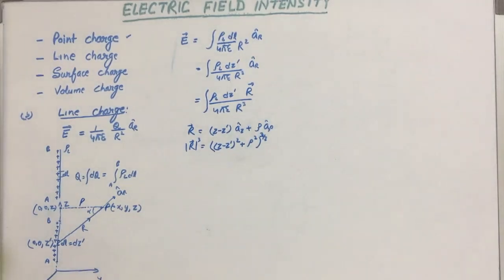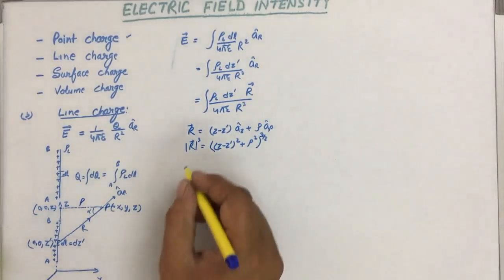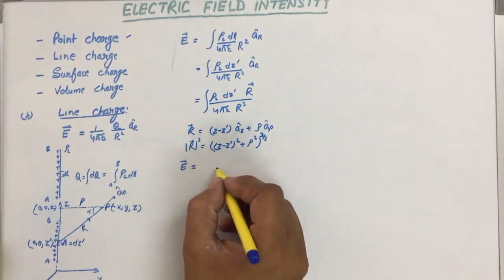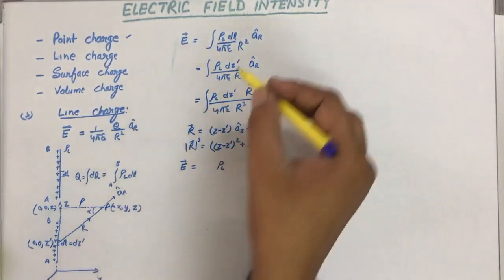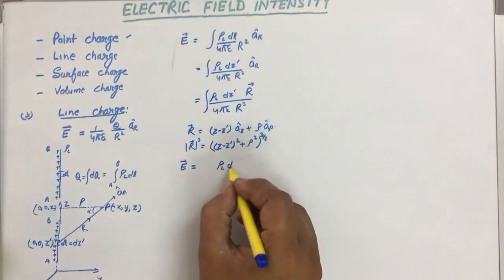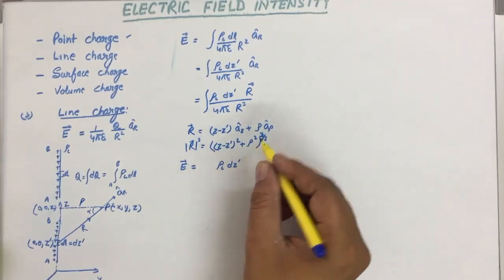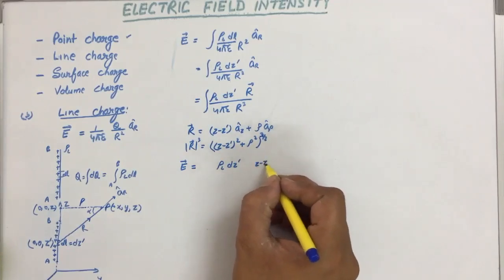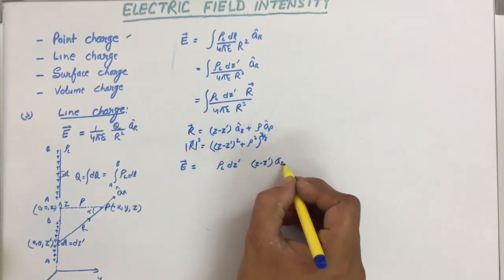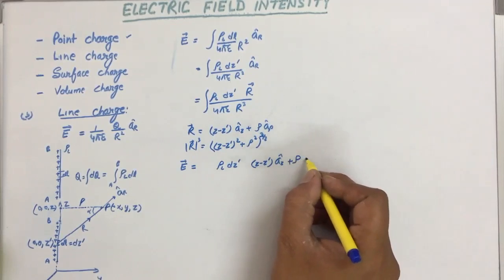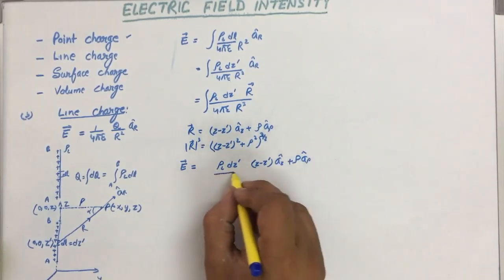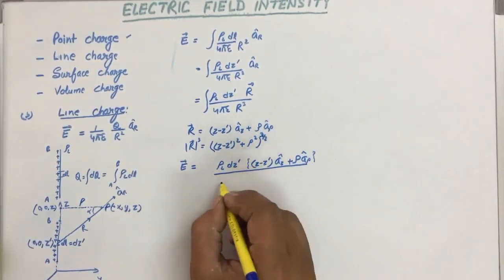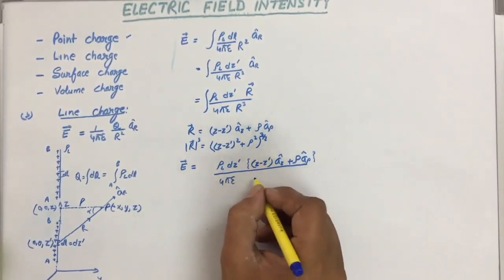Okay. So if we have to find E, the electric field intensity, we can say rho L dz dash, and r can be written as (z minus z dash) az plus rho a rho, divided by 4 pi epsilon r cube.